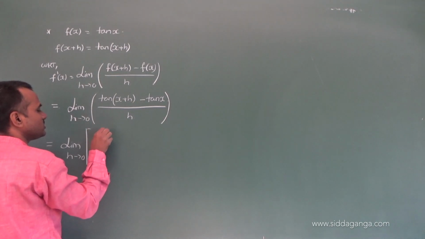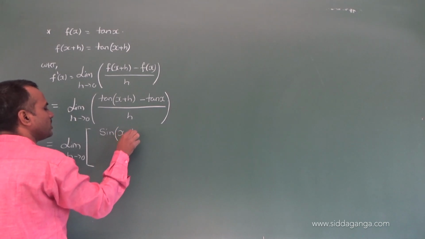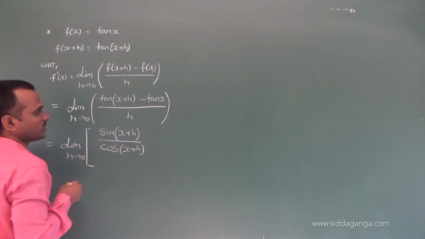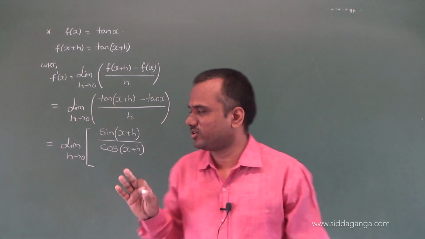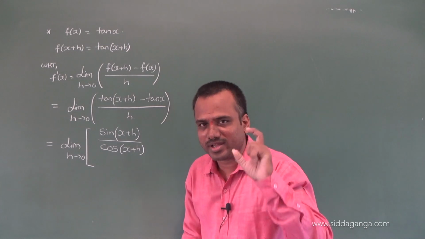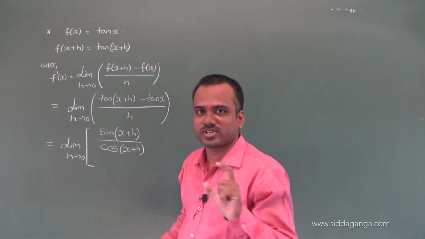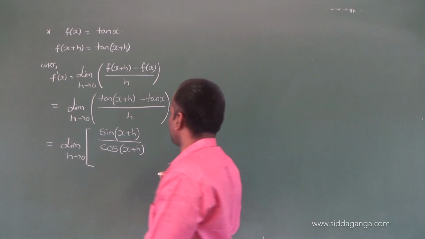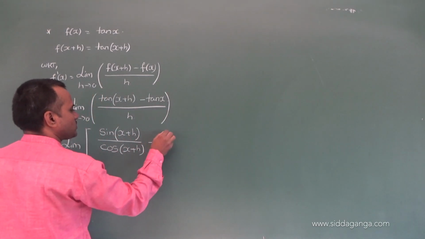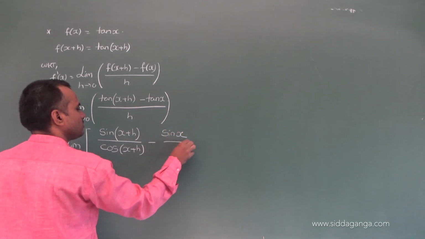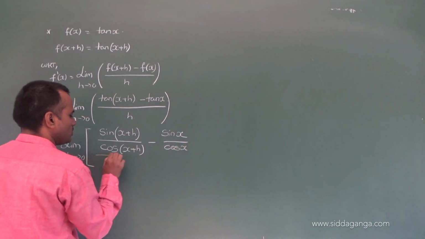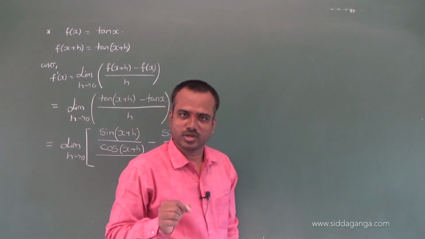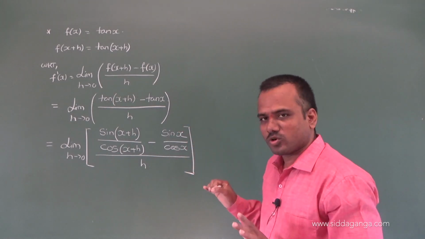Tan of x plus h we write as sin of x plus h divided by cos of x plus h, minus tan x, sin x by cos x, whole divided by h. Understand? Observe carefully: tan theta we write as sin theta by cos theta. This is the first step.